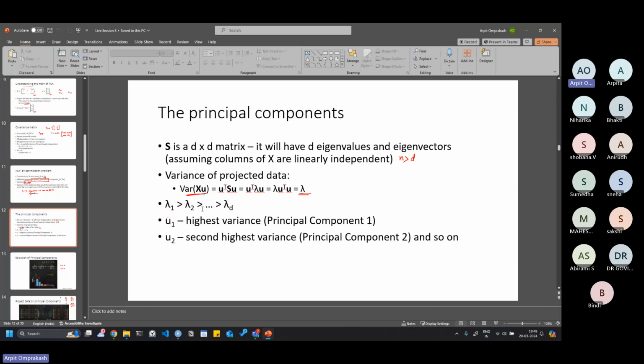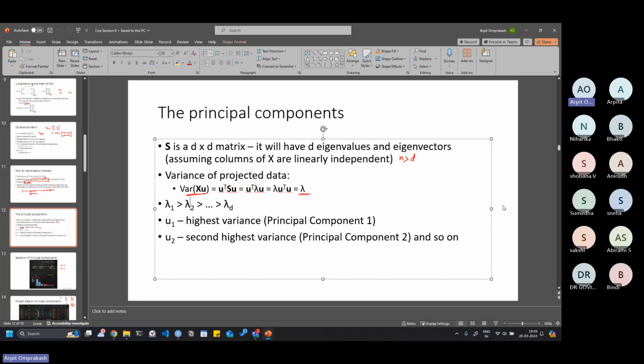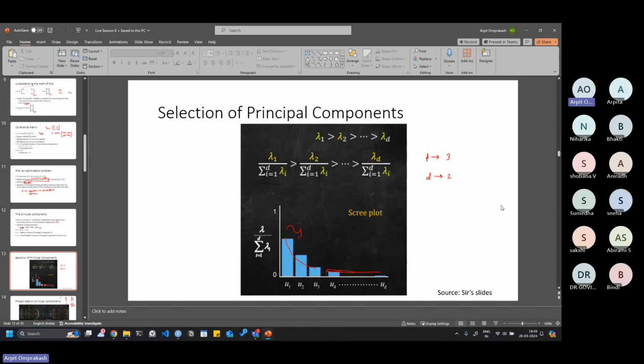So we arrange all these eigenvalues, or the variance, in descending order, and we take only a few of these axes. We'll have d such axes, where d was our original dimension also. However, we just take a few axes because we want to reduce our dimensions, and we take fewer axes which capture most of the variation in the data. To select the principal components, we plot something called a scree plot, which is basically like another elbow plot.